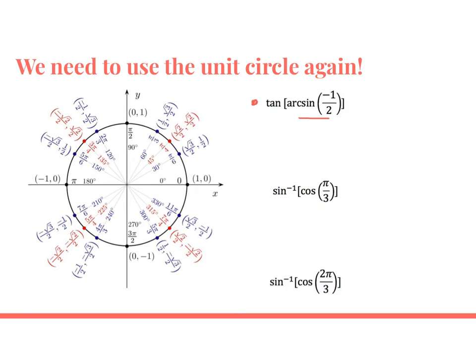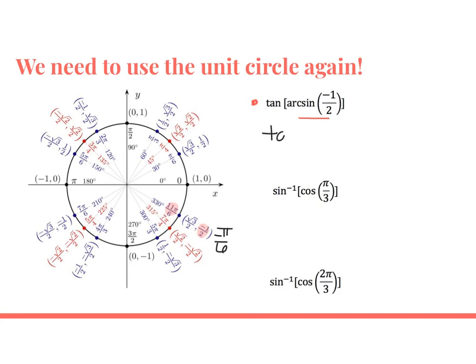If we're finding the arc sine of negative 1/2, we're looking for the y value that's negative 1/2, and then we're going to use our angle. Remember, this represents negative pi over 6 if we're looking at our principal root.